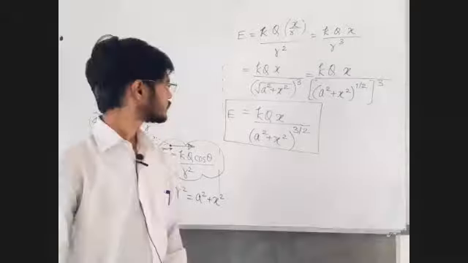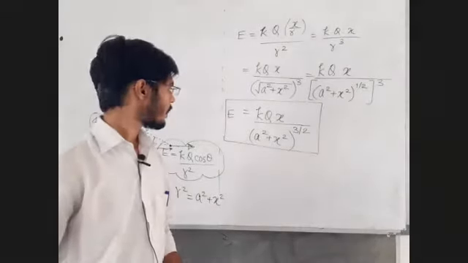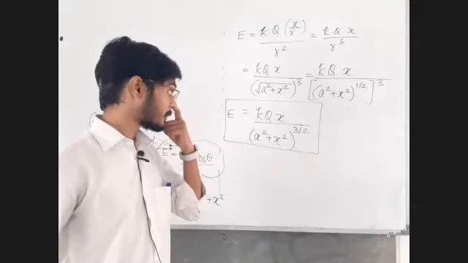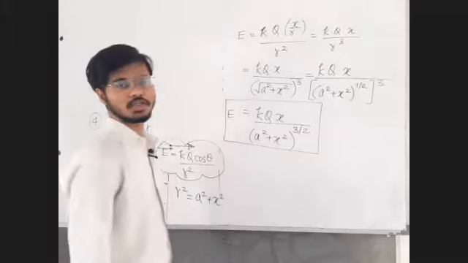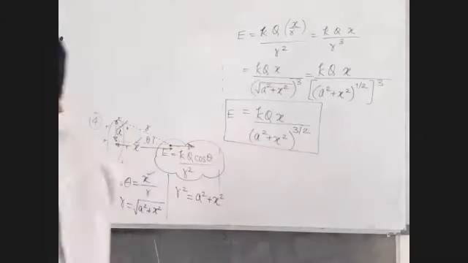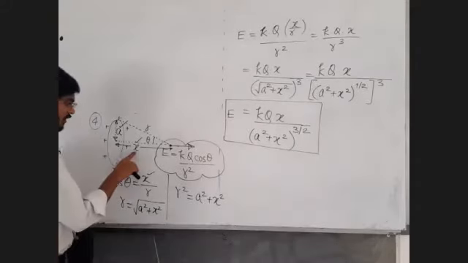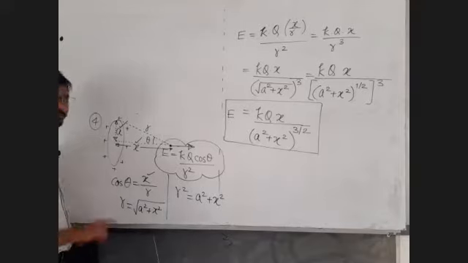Good. Write it down. Now you people tell me, x equal to 0 means center of the ring, yes or no? If this x is equal to 0, this point will come here.